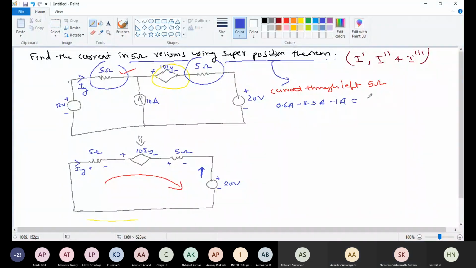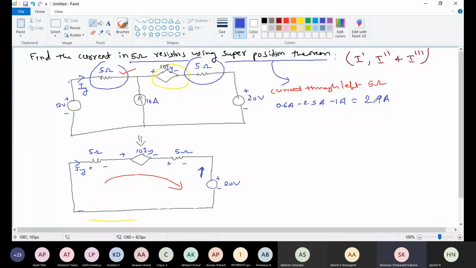Total how much? 3.5 minus 0.6. Yes, 2.9 ampere.